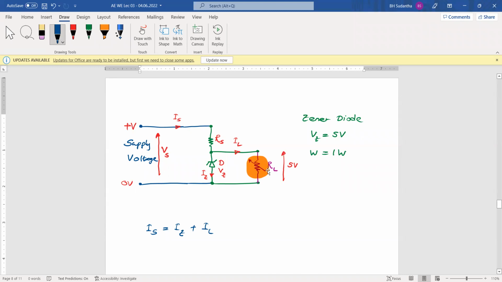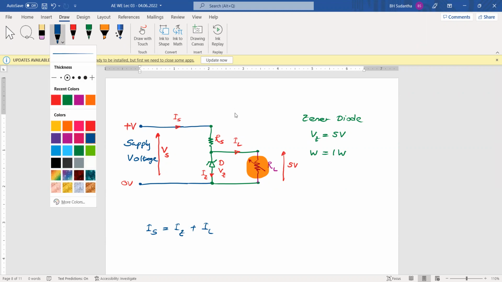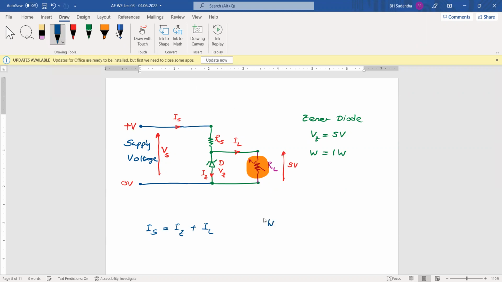At the maximum RL value, you can have the minimum current. When RL is very high, what about IL? If RL is very high, what about IL?